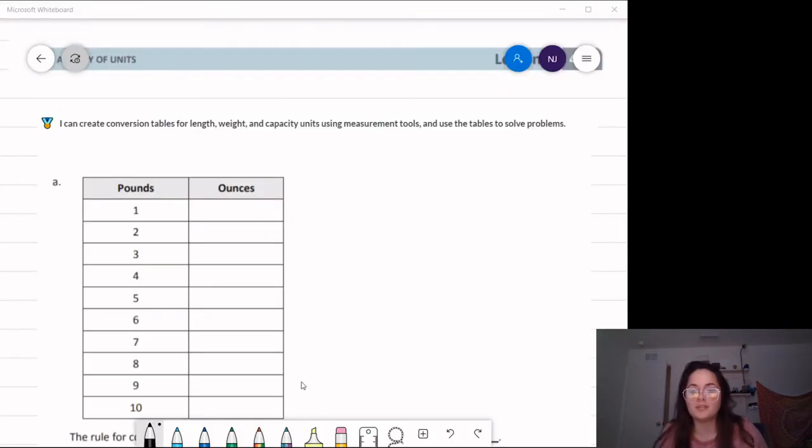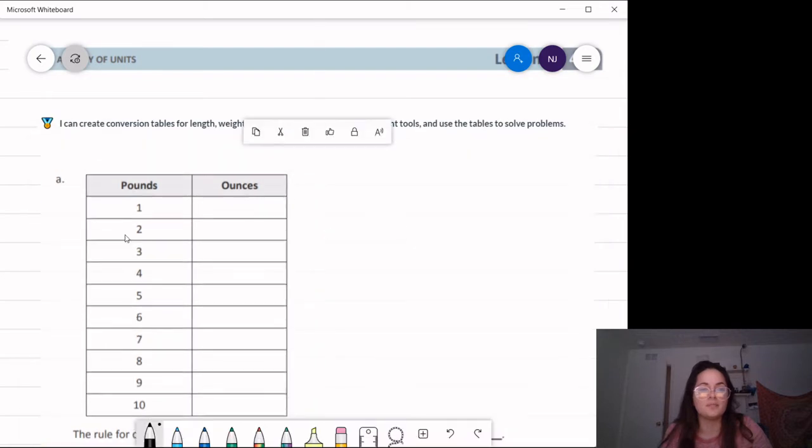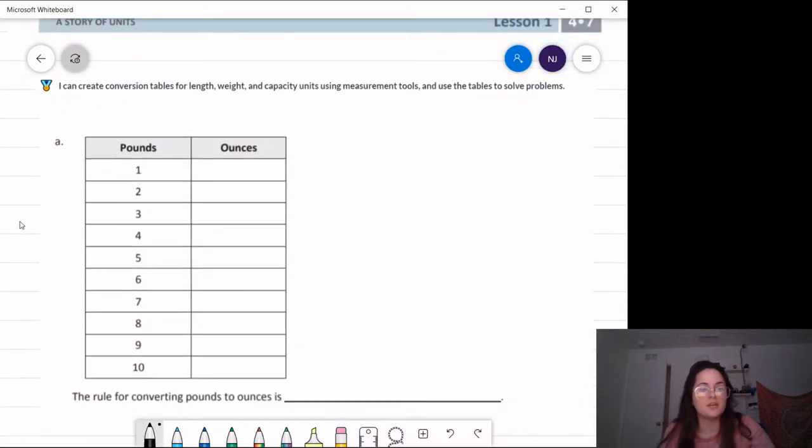All right, so now that we know that there are 16 ounces in 1 pound, we can fill out this first line of our chart here. So 1 pound is equal to 16 ounces. So how can we determine how many ounces are in 2 pounds?